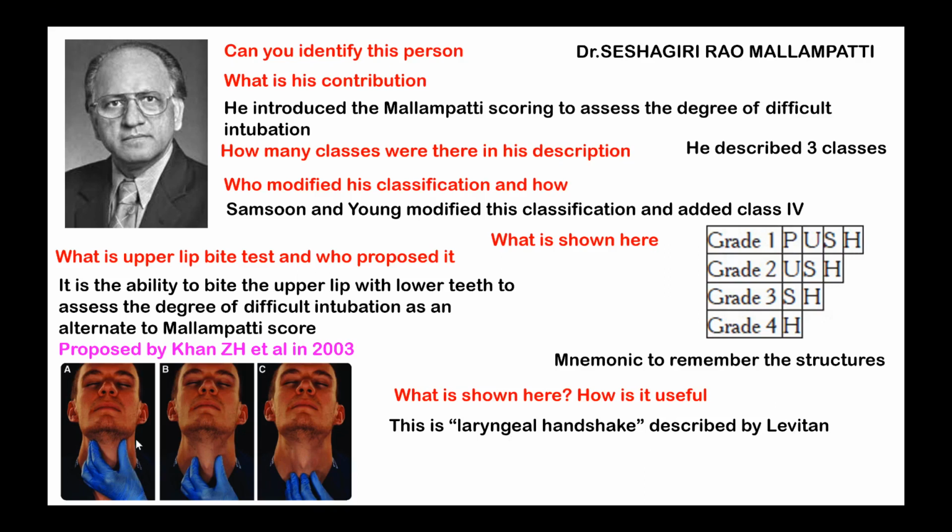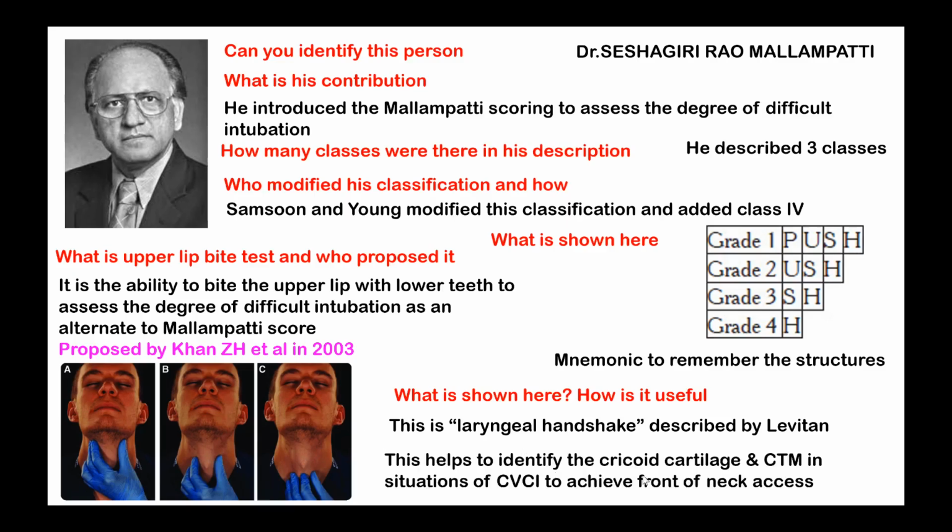Then they slowly slide down over the thyroid cartilage, then the cricoid cartilage, and then finally when they hold the cricoid cartilage, they put the index finger to find the gap between the thyroid and cricoid to identify the cricothyroid membrane. So sliding the hand like this is called the laryngeal handshake. And this helps to identify the cricoid cartilage and cricothyroid membrane in situations of can't ventilate, can't intubate, to achieve front of neck access.